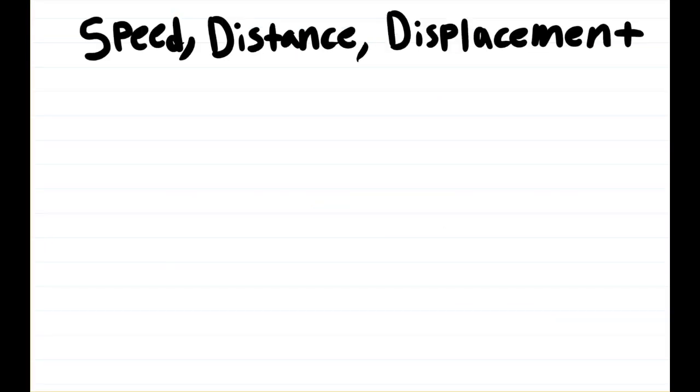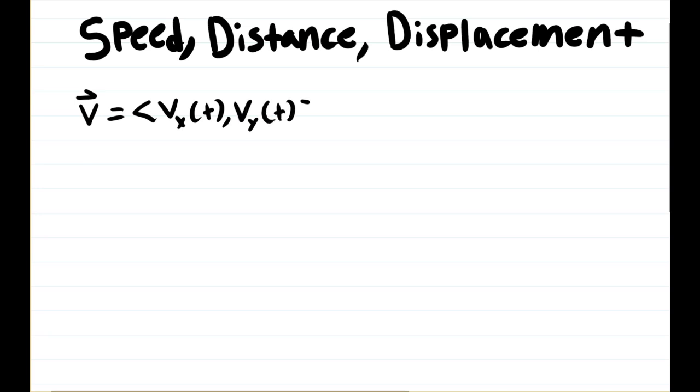Now let's talk about the next level of motion in calculus: speed, distance, and displacement. So let's say we have a velocity vector. V is equal to v sub x of t and v sub y of t. So what is speed? Speed and velocity is not the same thing, because speed is a scalar value, meaning it has no direction, so it always must be a positive value.